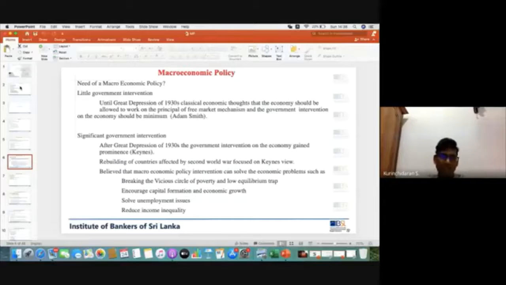Let's take the vicious circle of poverty as an example. People who are under poverty continuously stay under poverty. It's like a circle: their income is low, then their investment is low, so their return from investment is low. So again their investment is low, and their income is always low.